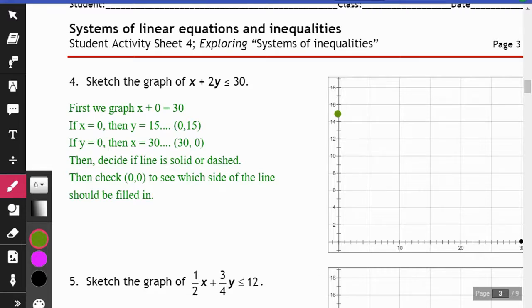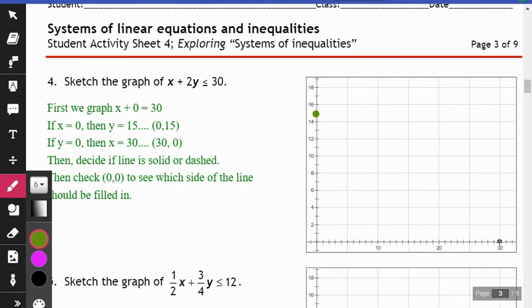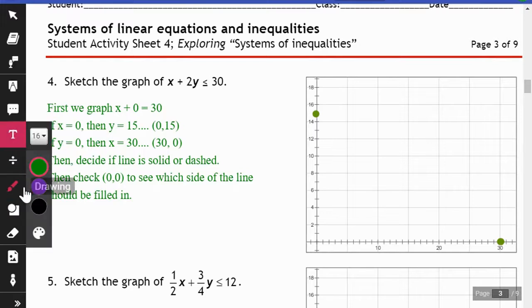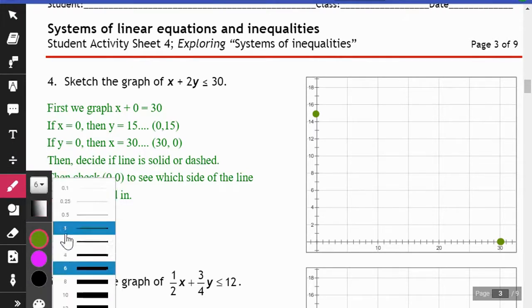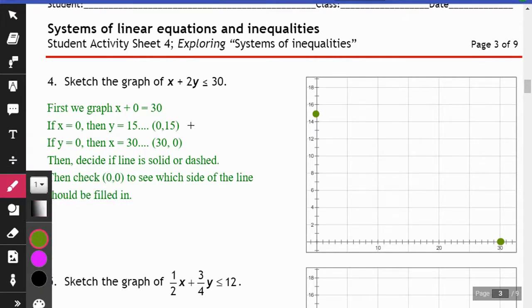And this is the point 30, 0. Those are the 2 points up here. It's very important you understand, all I'm doing is taking this guy and putting it here, and the other guy is going down there. And then I just connect them. I got a line.